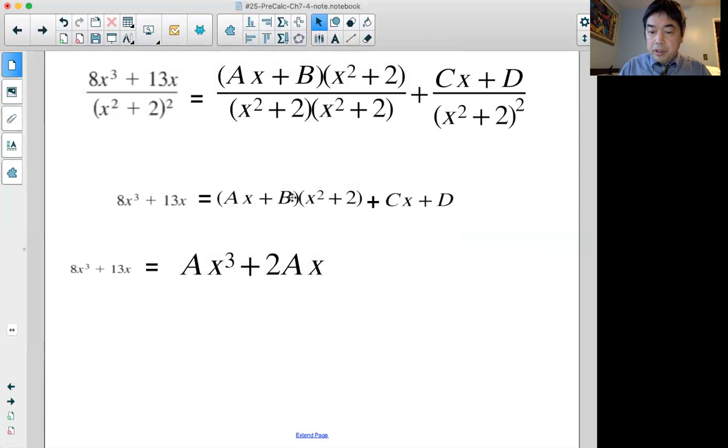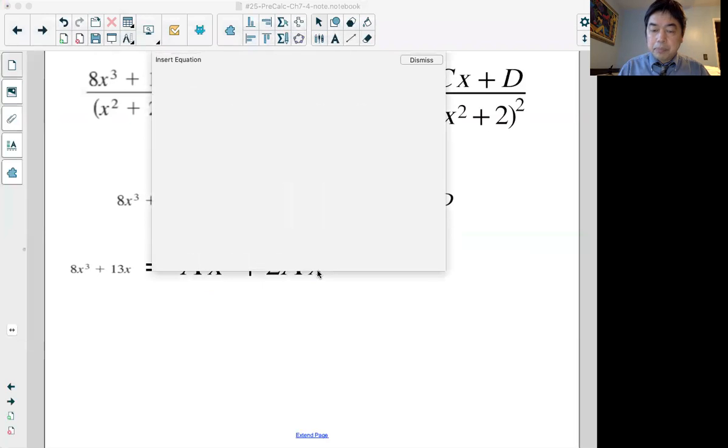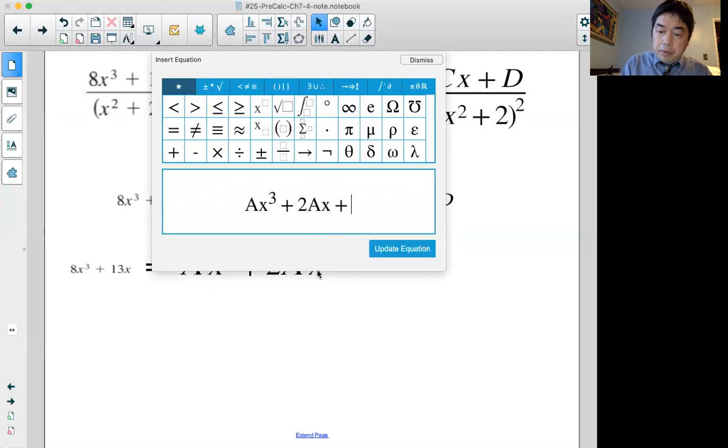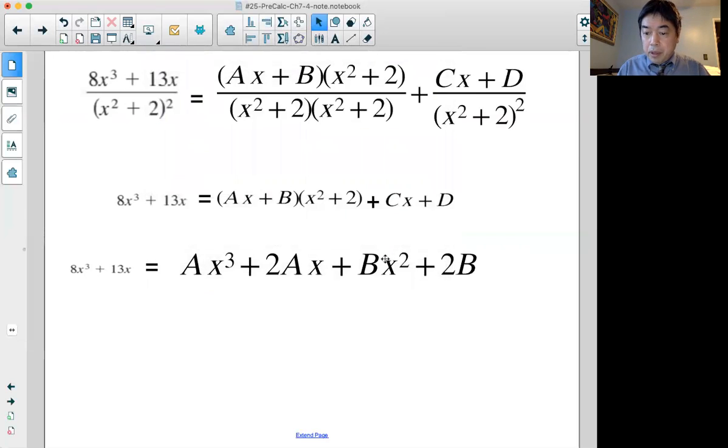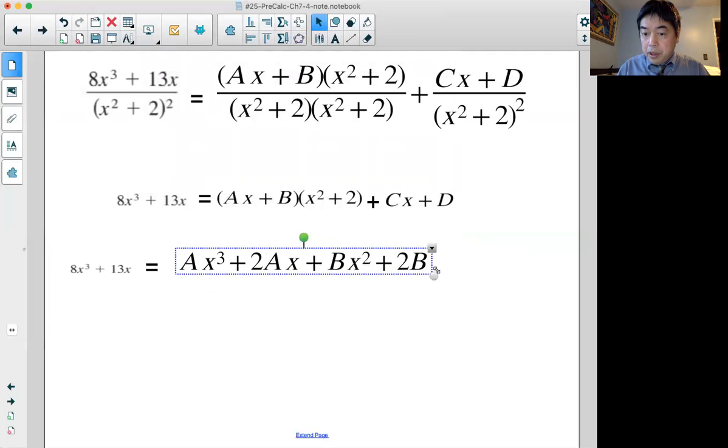Now inner, so bx squared, and let's do this one too, b times 2, bx squared and 2b. Okay? Now I make it a little bit smaller, and you carry on this, cx plus d.